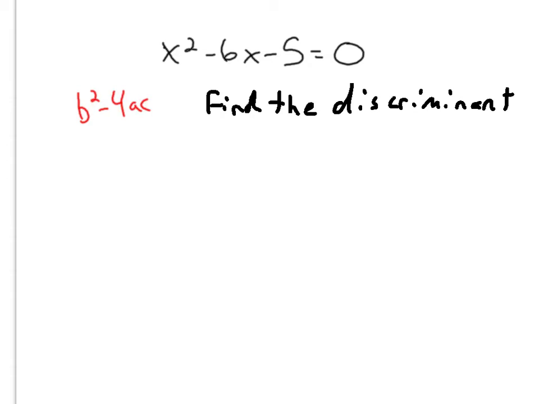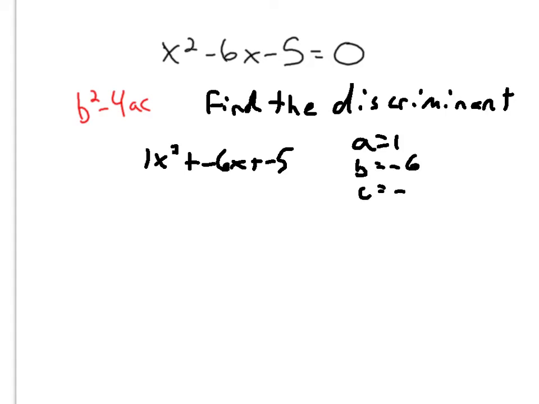The first thing that we should do is write this in ax squared plus bx plus c form. It's already equal to 0. So this is 1x squared plus negative 6x plus negative 5. So we've got a equals 1, b equals negative 6, and c equals negative 5.